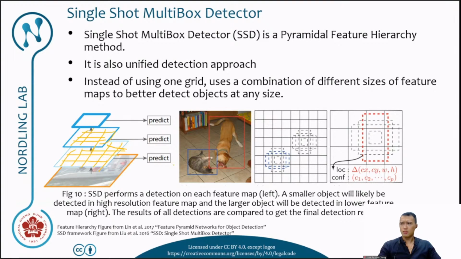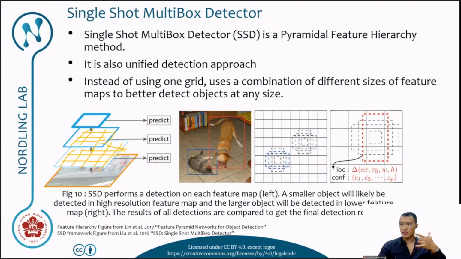And why do they do this? Well, the reason is that they believe that objects that are small are more easily detected at a feature map that has higher resolution.